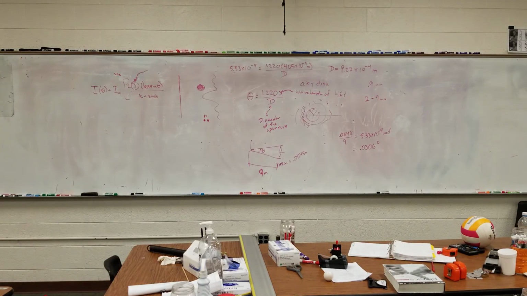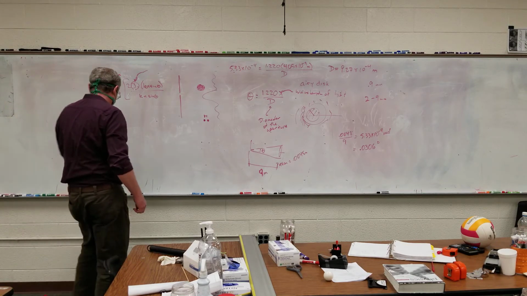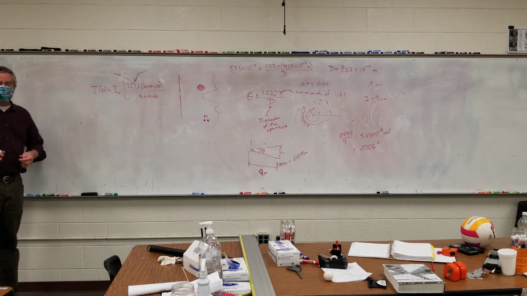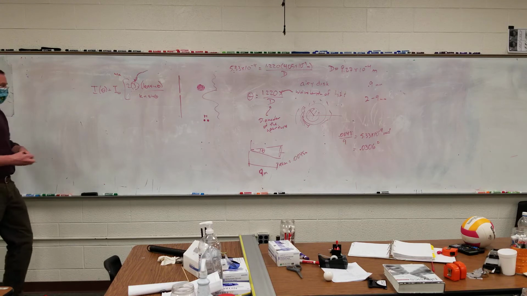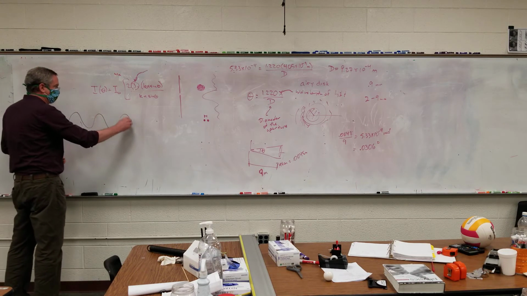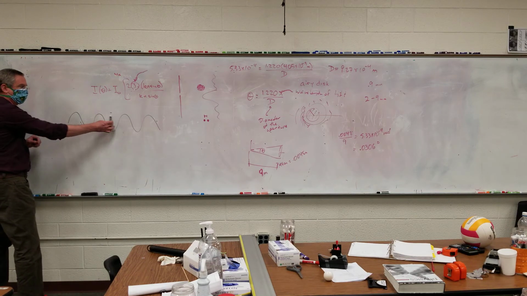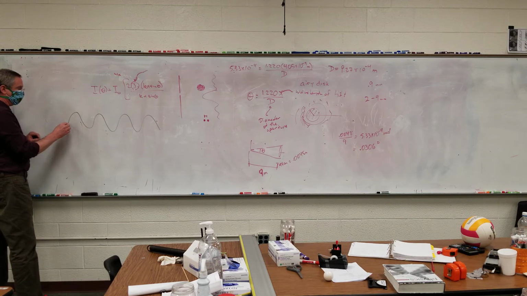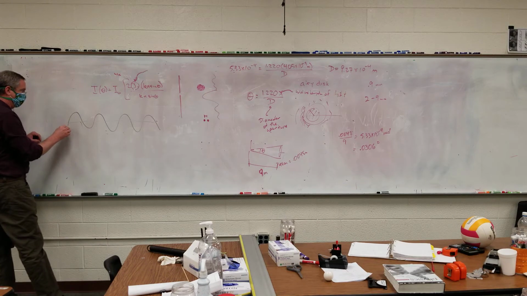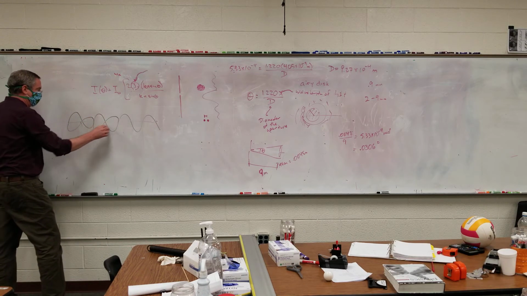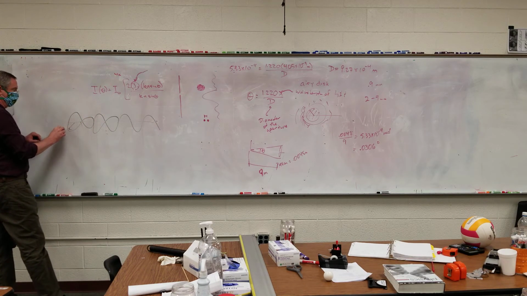All right, so light is made up of electric and magnetic waves that are perpendicular to each other. The electromagnetic waves, I'll have an electric wave, let's say that's parallel to the board, and the magnetic wave would be perpendicular to the board, badly drawn as such. So I got a magnetic wave coming out this way, the electric wave coming that way.